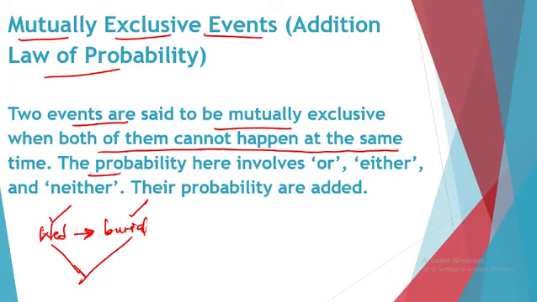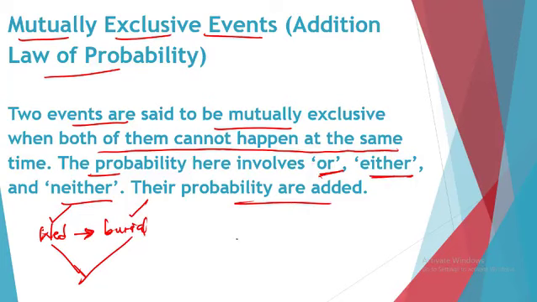And in probability, when two events are mutually exclusive, we use words like or, either, and neither, and their probabilities are added together.